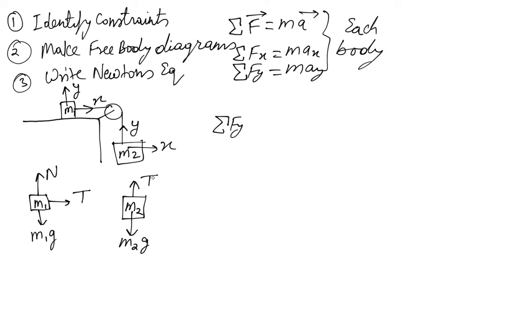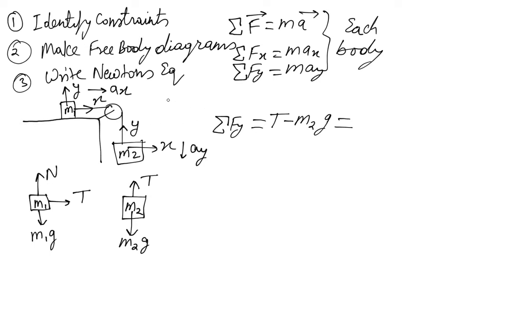For this one, you see tension is in the positive y direction while m2g is in the negative y direction. So the sum of Fy's will be T minus m2g, and this should be equal to m times a. You can see this body is moving down with ay and the other is moving forward with ax. Ax means acceleration associated with the x-axis and ay means acceleration associated with the y-axis.